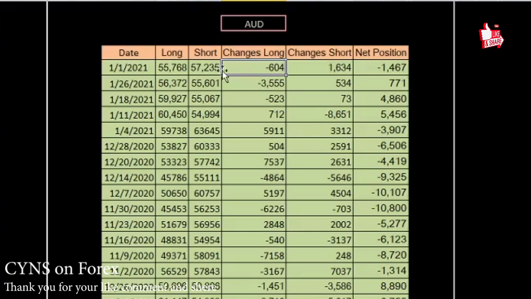Currently we have 57.2k shorts and 55.7k longs, so shorts are more than longs. Important point: the Australian dollar net position decreased from 5.4k to minus 1.46k, so we can expect the Australian dollar to get weaker against the USD. So we can expect the market to go to the downside in the near future.